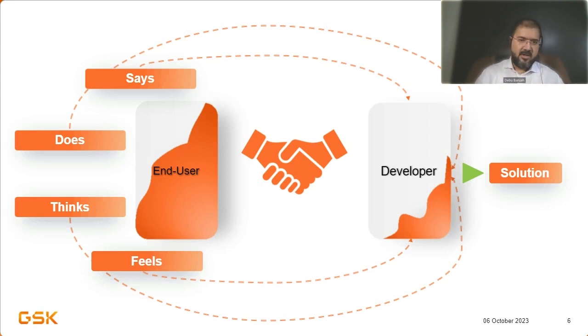It's the most difficult part, where end users' verbatim about what they say differs sometimes from how they execute, how they use the solutions, and what steps they practically take to perform their analysis. There are differences. On top of that, there is what they feel, what they think they should get. But when we give them something, they find, oh no, this is not what I was thinking about.